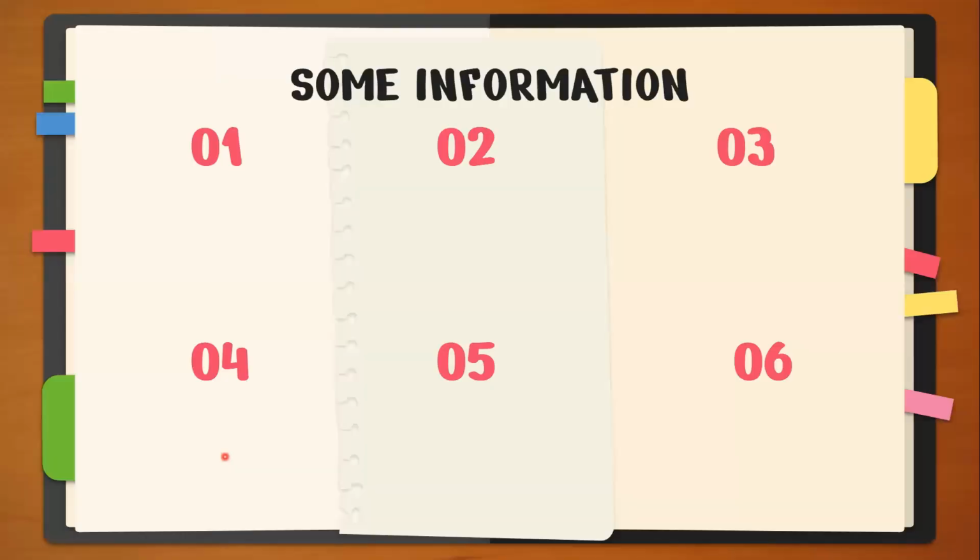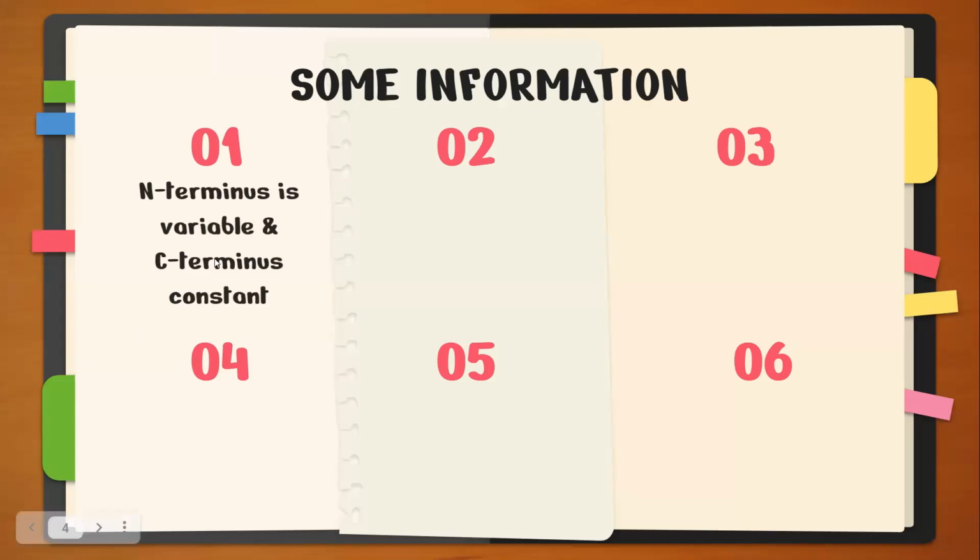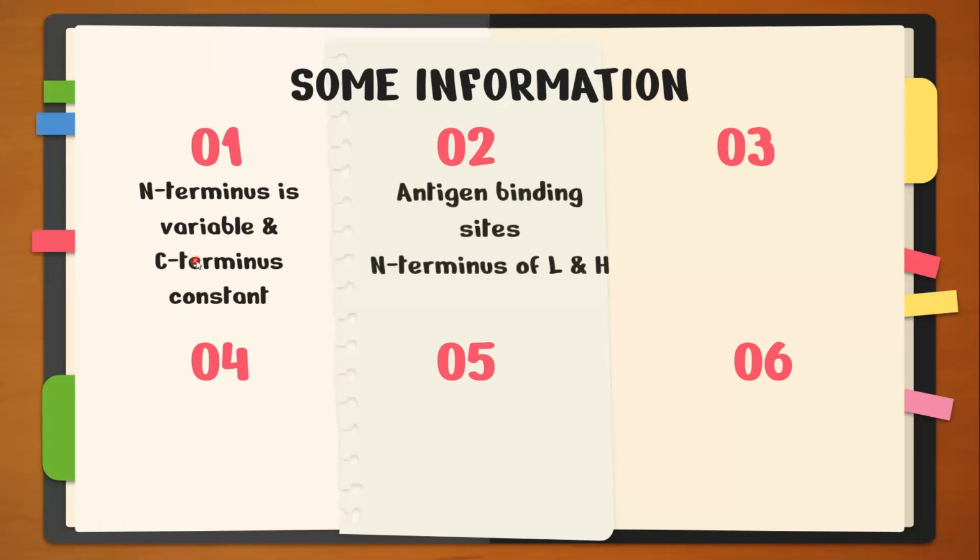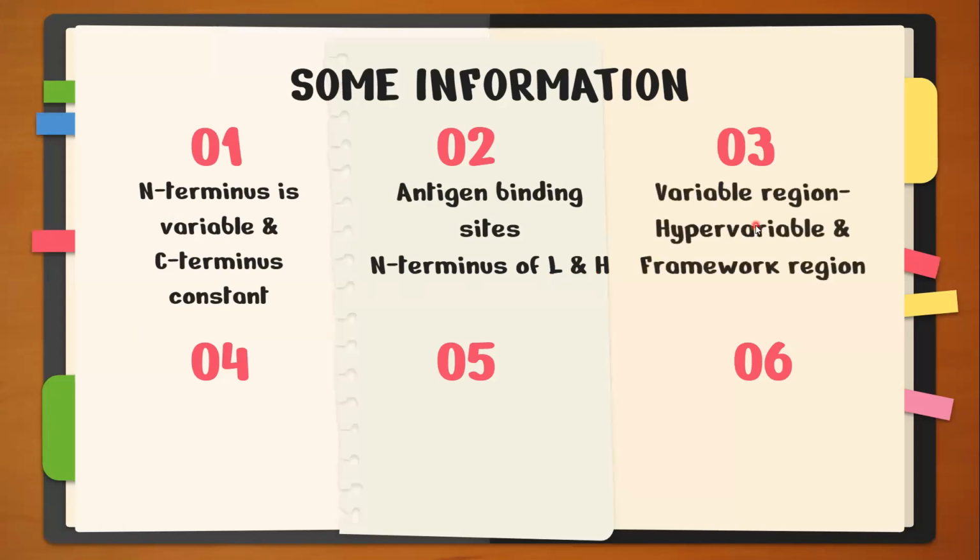Now, there are some facts that I want you to know. Firstly, the N terminus of these antibody molecules is variable. However, the C terminus is constant. The antigen binding sites are comprised of the N terminus of the light and the heavy chains. The variable region contains two major divisions. One is called the hypervariable region, which is further divided into other divisions, and the other is the framework region.